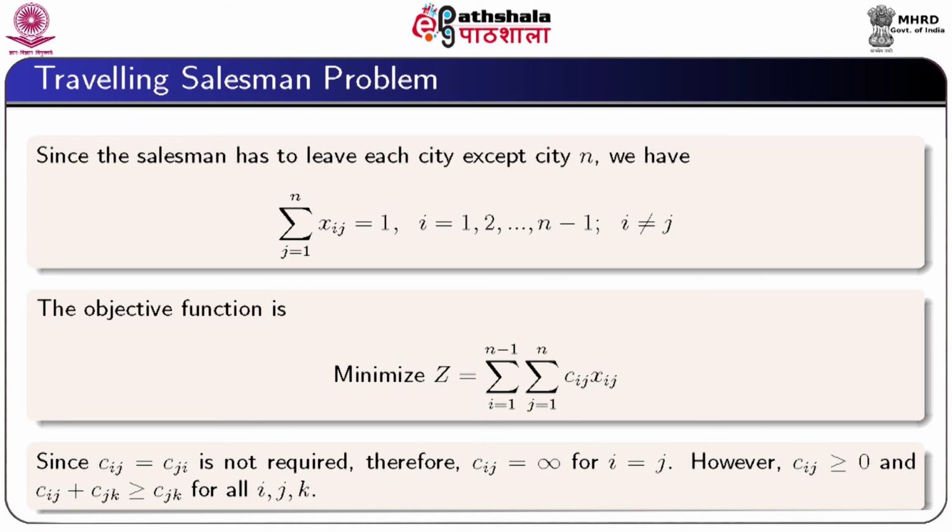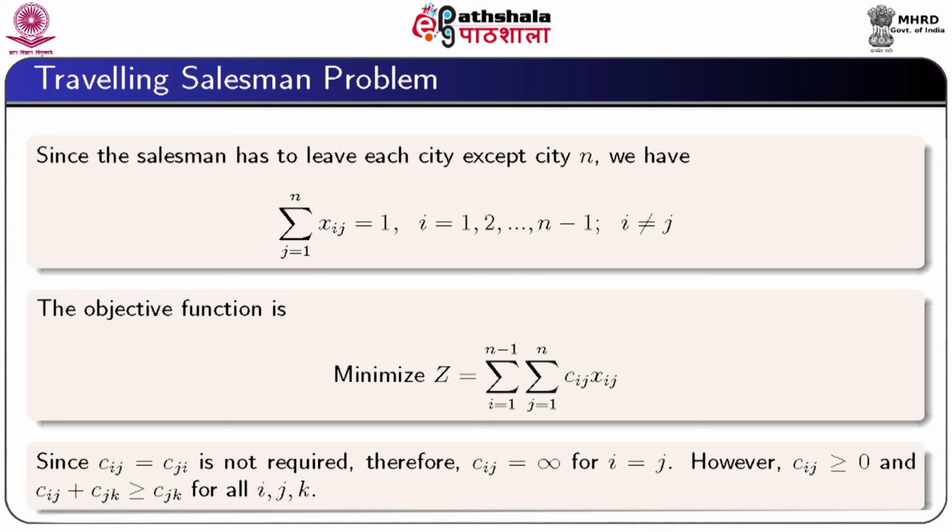Thus, the objective function is minimize z equal to summation i equal to 1 up to n minus 1, summation j equal to 1 up to n, Cij Xij. Since Cij not equal to Cji, this condition is not required, therefore Cij equal to infinity for i equal to j.